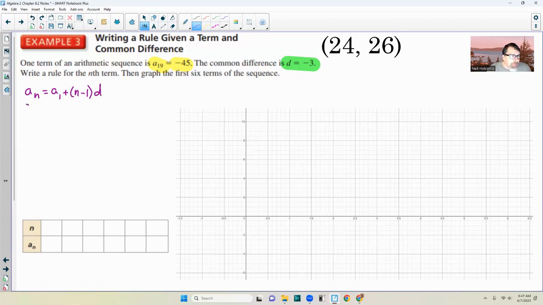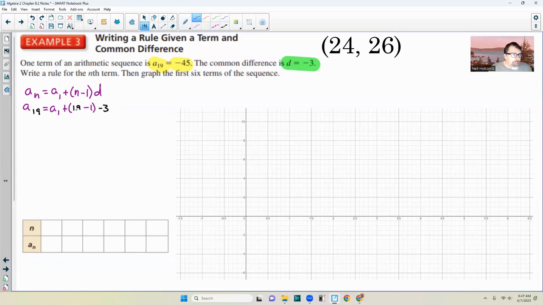So it's going to be a sub 19 equals a sub 1 plus, and since it's the 19th term, our n is 19, so this n is also 19. So it's going to be plus parentheses 19 minus 1, and then our common difference is negative 3.